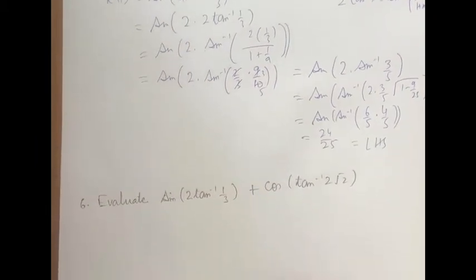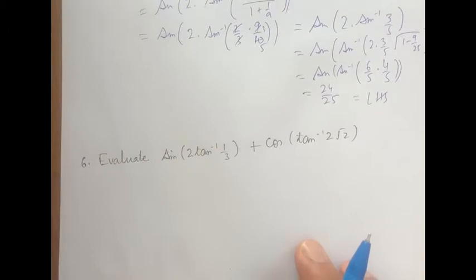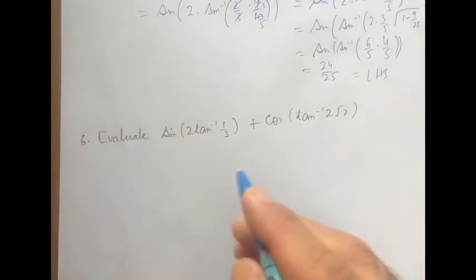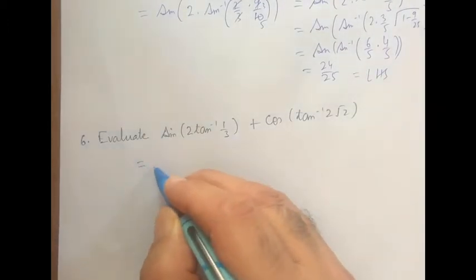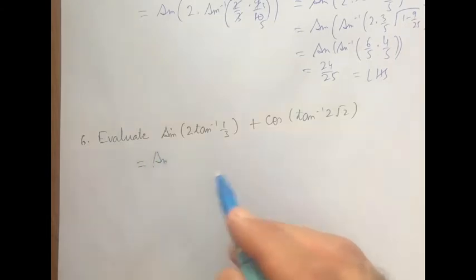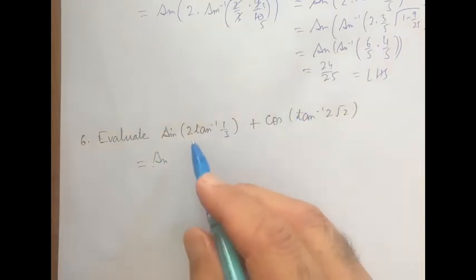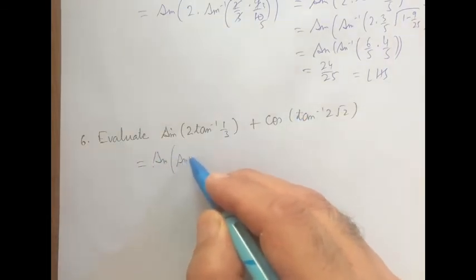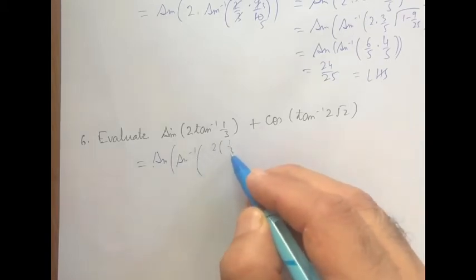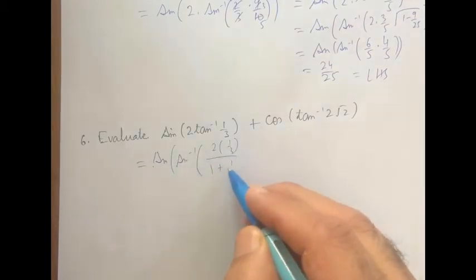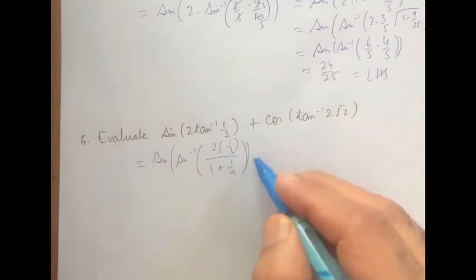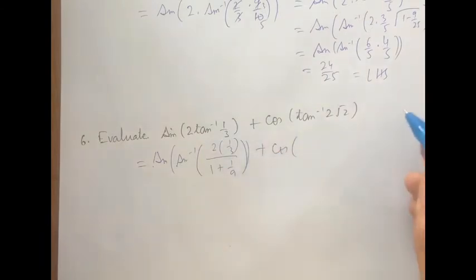The next one, we have to evaluate this expression. This can be written as sin of, again 2 tan inverse of x is sin inverse of 2x upon 1 plus x square, and this is cos of tan inverse of 2 root 2.